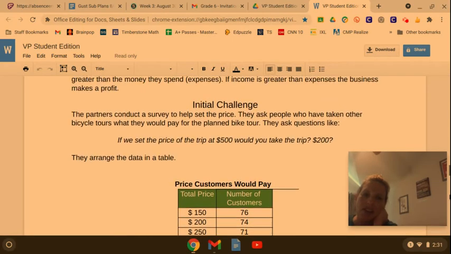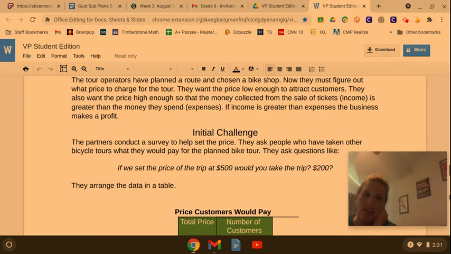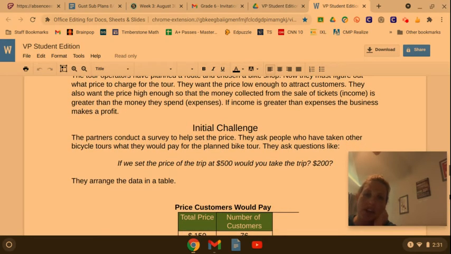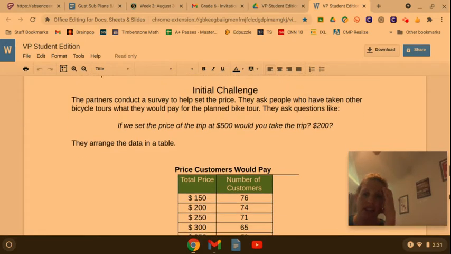The 5 college students want the price to be low enough to attract customers, high enough so money collected makes an income. And they're hoping that if they go out and survey people, they can get a good idea of what to charge. So they conduct this survey.